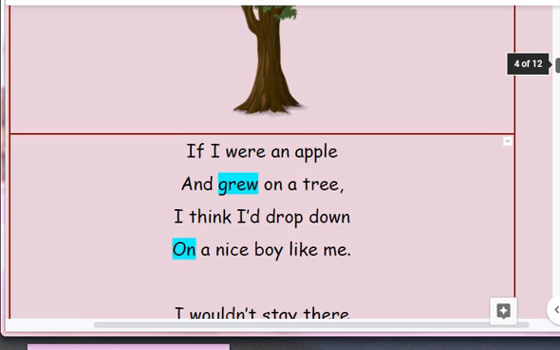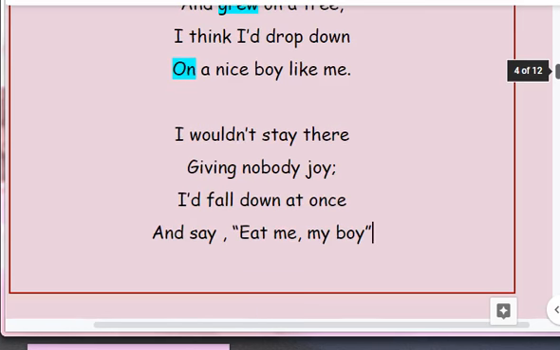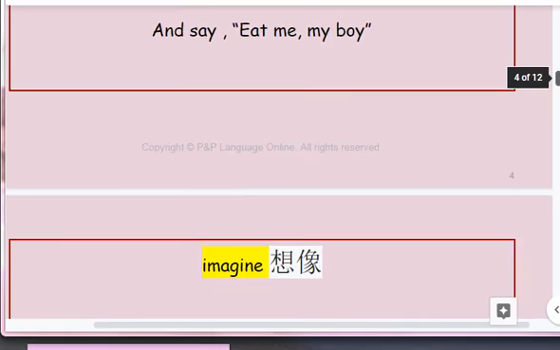Because it makes other people happy. And how do you feel when you share? I feel happy too. It gives you happiness as well. And some people would say it's better to give than to receive. You agree? Yeah, I agree. Okay, that's good.